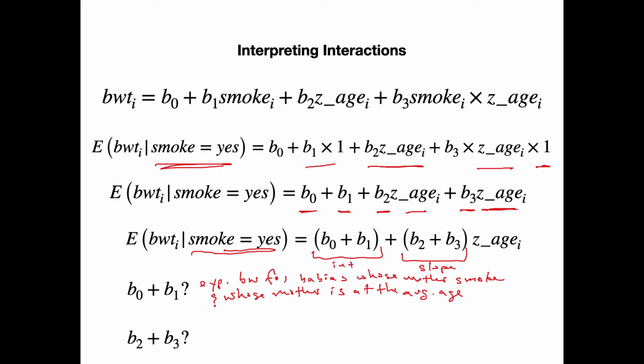So this is going to be the expected difference in birth weight for a 1 unit difference in age for mothers who smoked. And for babies whose mother smoked, right? So the sum of those two things are that. So the sum of these two slopes, okay, give you that expected difference.